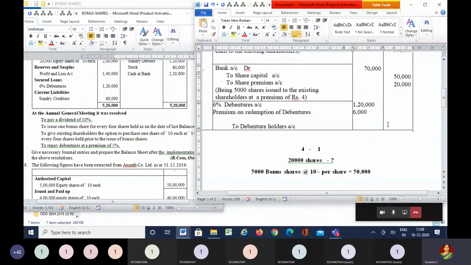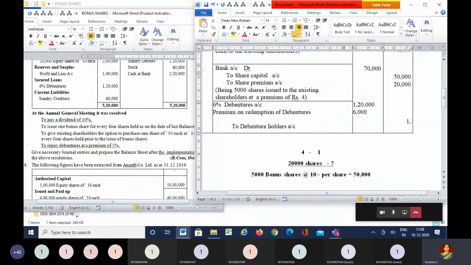And accordingly, the debenture holders account gets credited with 1,26,000. That means even though while issuing the debentures, the company accepted only 1,20,000, at the time of repaying back the same to the debenture holders, the company needs to return 1,26,000 rupees.